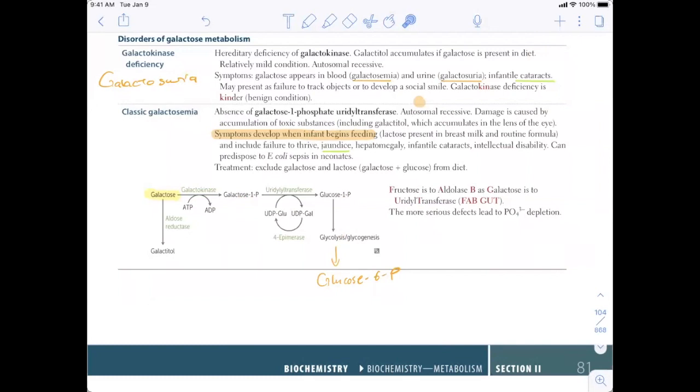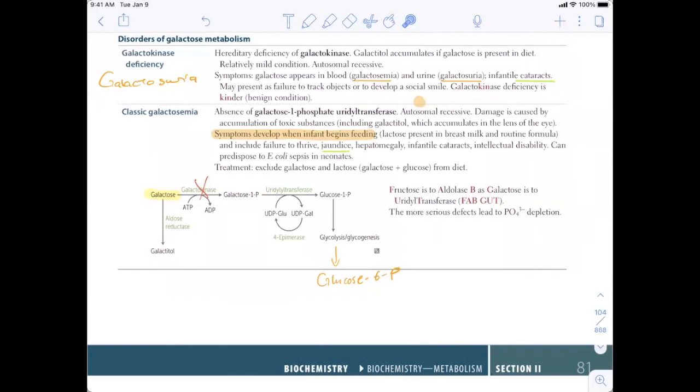Okay, so let's look at what happens when I start losing enzymes. Let's start with galactokinase. If I lose galactokinase, then it means that I cannot make galactose 1-phosphate. I'm unable to go this way, I can only go this way. So galactitol can accumulate. However, that's only if galactose is present in your diet, so relatively mild.